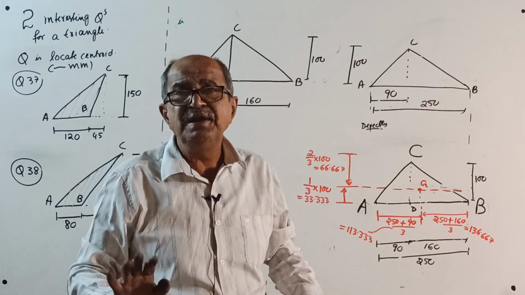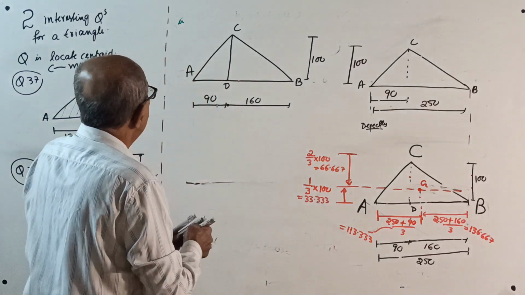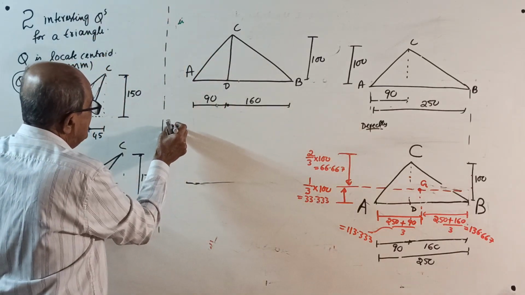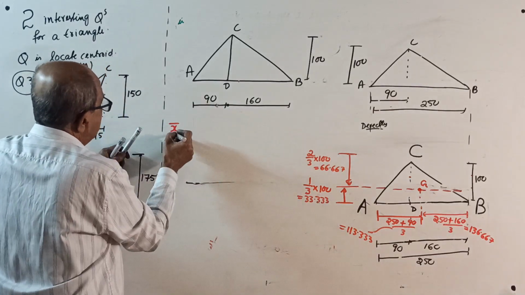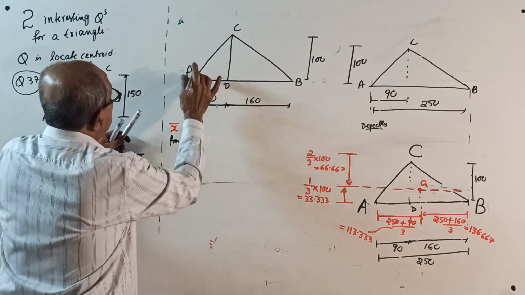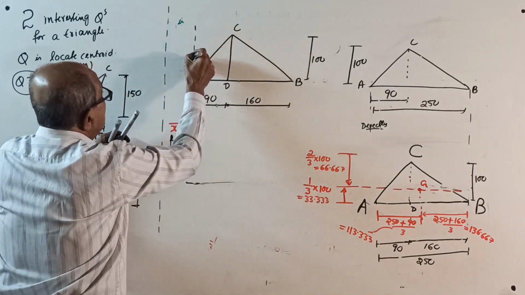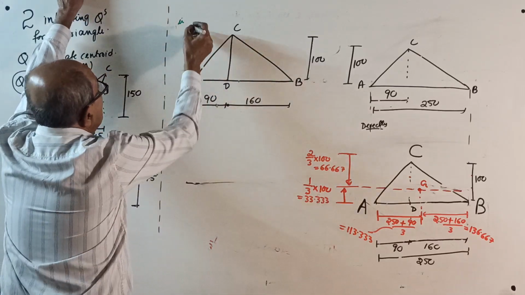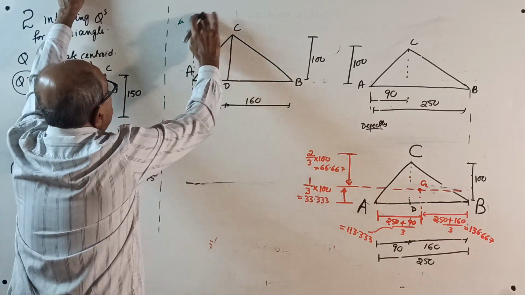If you have difficulty with that one, then do one thing, locate centroid directly. Find x bar from A, from a reference vertical line. Some name you give here, PQ.